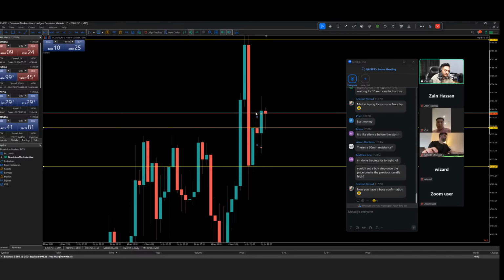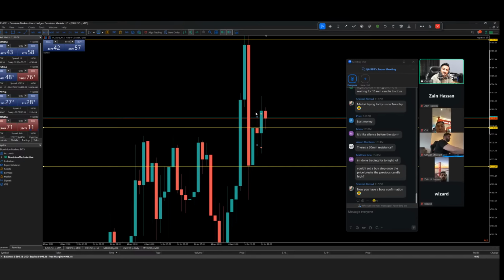I wanted to see the price go in my favor. It should create a wick in the first one to two minutes and then break above the previous candle high, and then I'm going to execute on that one. But now I need to make a decision to take it or not. Yeah, something's cooking.